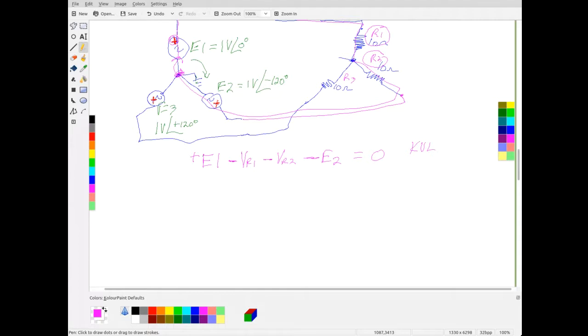If we look at just E1 and E2, the voltage across here is E1 minus the voltage E2.